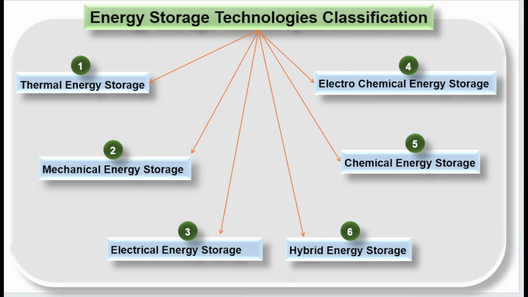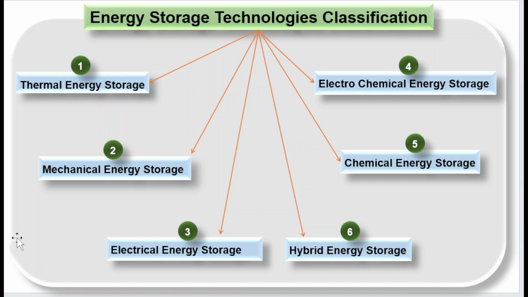Thermal energy storage means that the energy will be stored in thermal energy form. Mechanical means in the mechanical energy form, that is basically kinetic and potential. Electrical means in the electrical form. Electrochemical means electrochemical, and chemical is in chemical form. Hybrid is a mix of these.